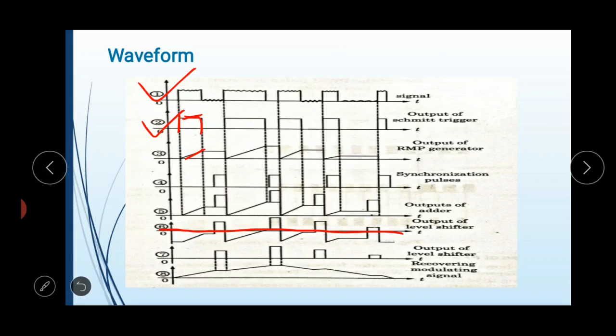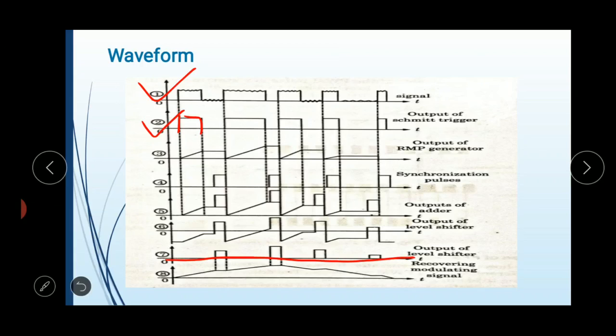After that, the rectifier circuit, or we can say clipper circuit, just clips the negative part, means everything below this line is removed. So only this much is present at the output of the rectifier.